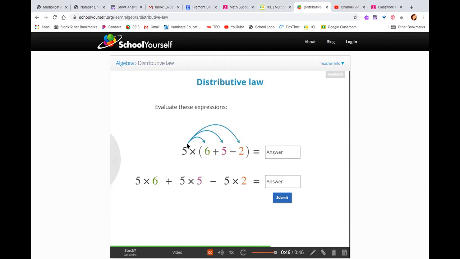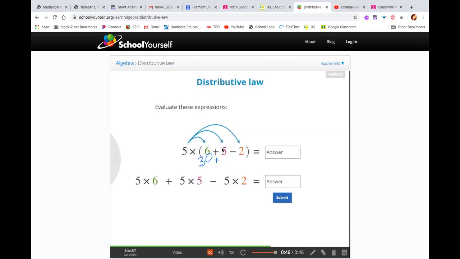Okay. So the important part to remember is when we distribute, we have to distribute to every single unit in the group. So 6 times 5 is 30. And make sure to bring down my plus sign in the same place.